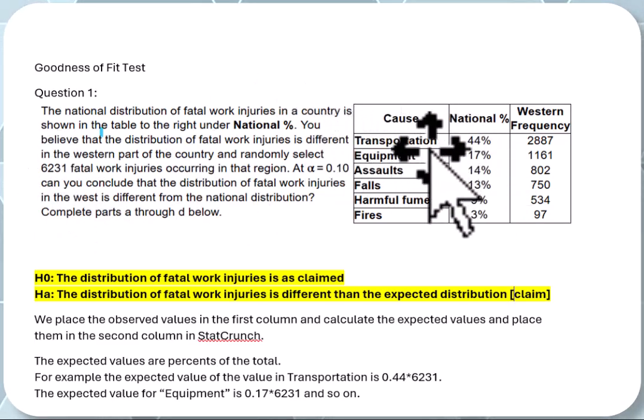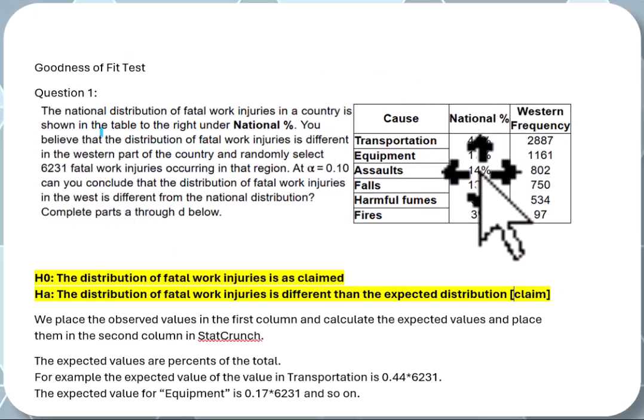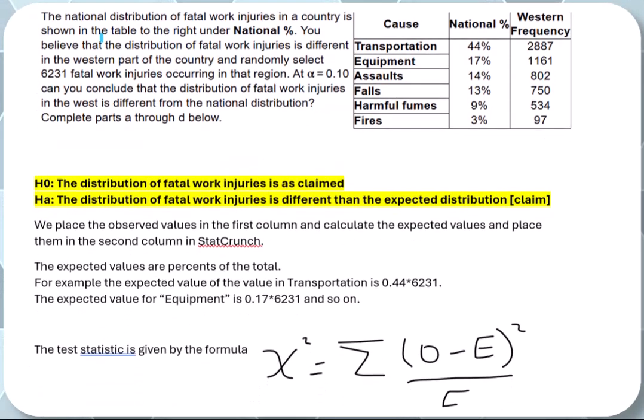You're going to take 17% and multiply by 6231. You're going to take 14% and multiply by 6231. So even if you're using technology, you still have to do this part of the work manually using a scientific calculator to get those numbers. And I'm going to show you now how to use StatCrunch to do this.